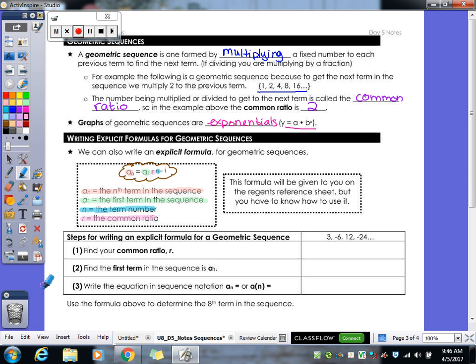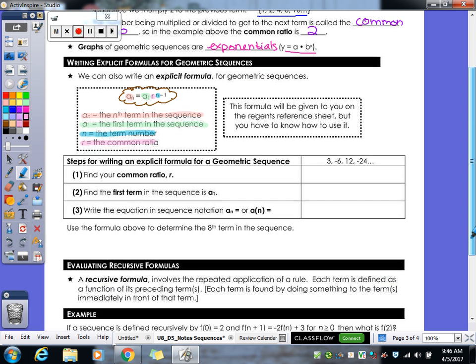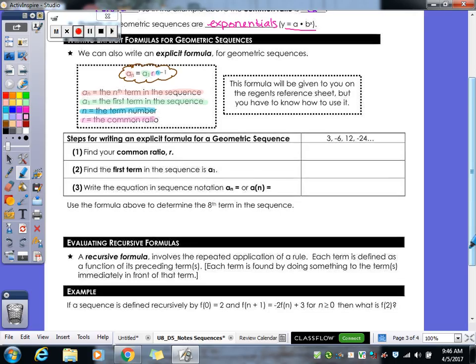So down below, our steps for writing it are very similar to our steps for writing our arithmetic sequence. You first have to find your common ratio, just like we had to find our common difference before. Your common ratio usually is going to be pretty easy to see. What are we multiplying by each time here? -2. Your sign value keeps changing.